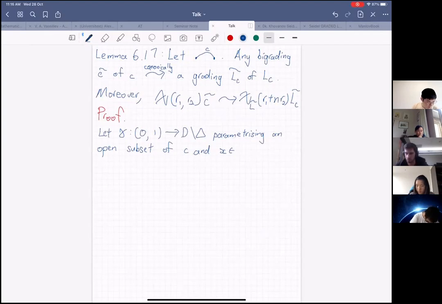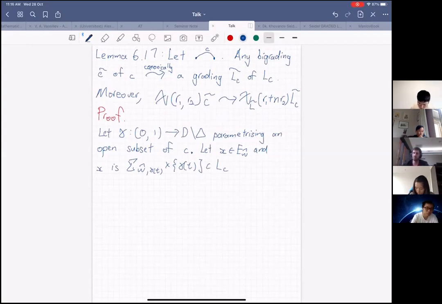So let S be in EW hat, and S is also a point in the zero section of my Lagrangian.